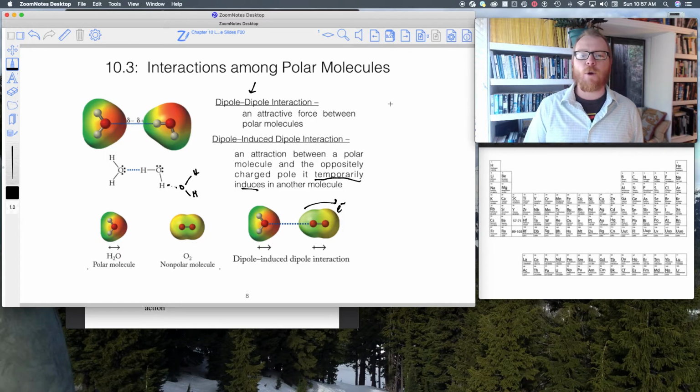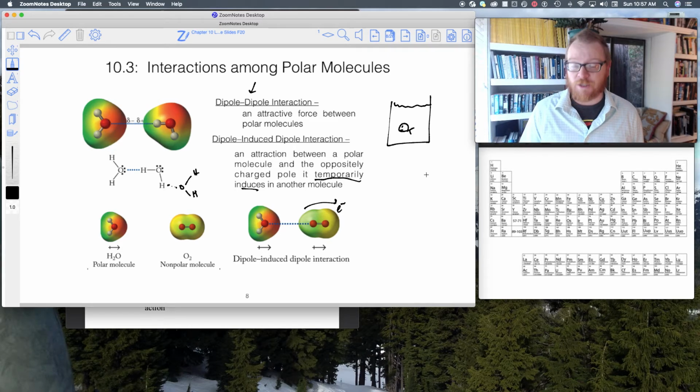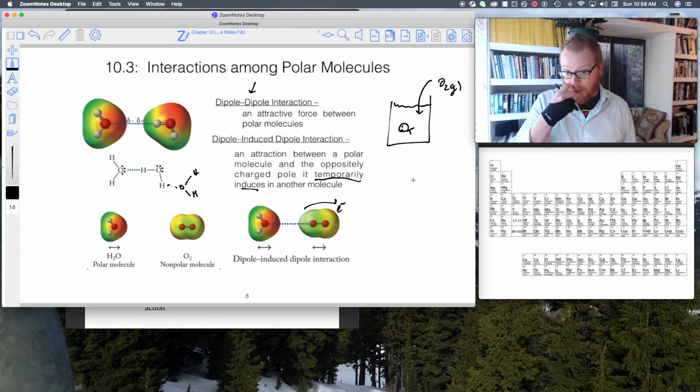So why is this important? Well, if we imagine a jar of water, and maybe there's a little fish living in this water. So this is my terrible drawing of a little fishy, okay? Fish breathe oxygen underwater. Where does that oxygen come from? Well, it can get taken up into the water.